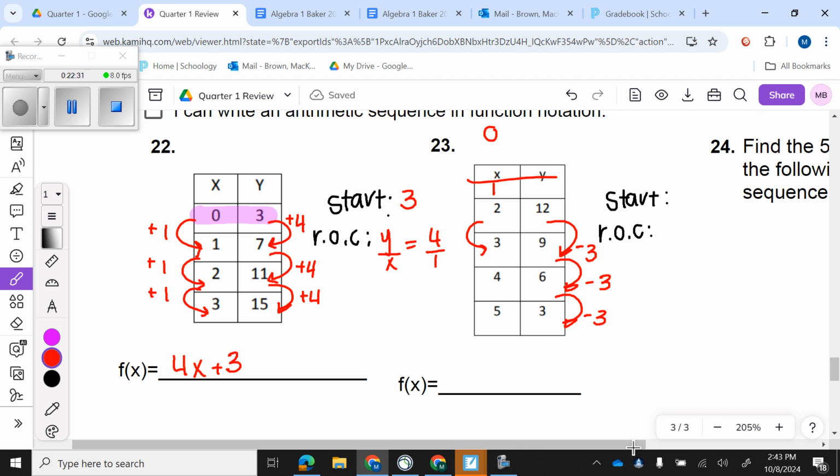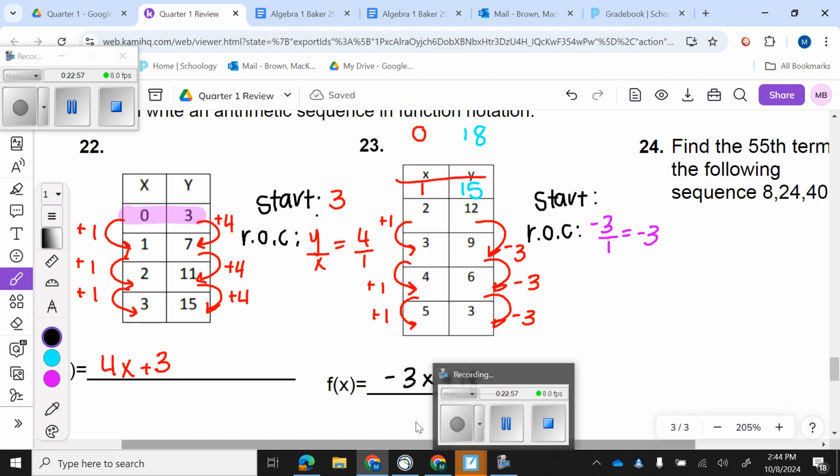Over here, I'm adding 1, adding 1, adding 1. So my rate of change is negative 3 over 1, which simplifies to negative 3. My start is when x is 0. So I got to go the other way. So I'm going to add 3. That's going to give me 15. This would give me 18. So I'm going to have a negative 3x plus 18.